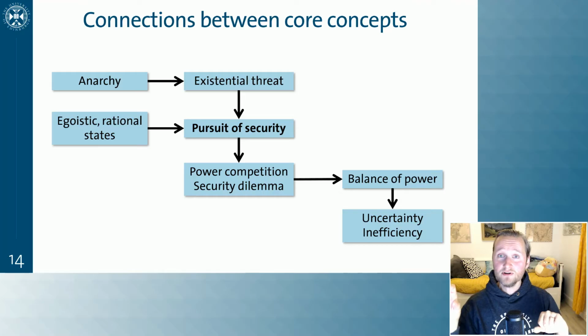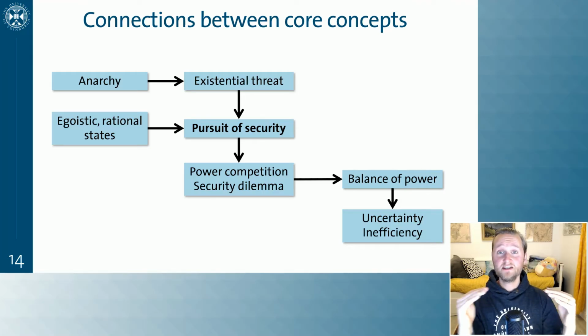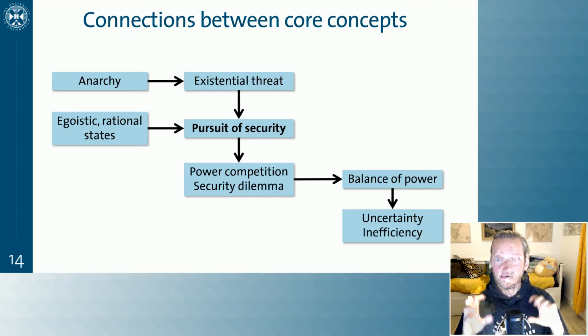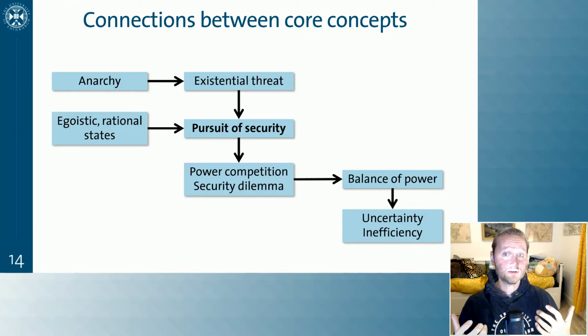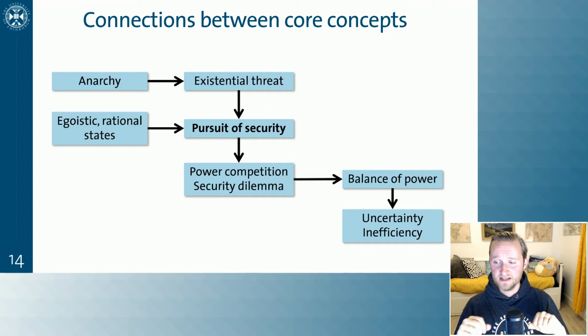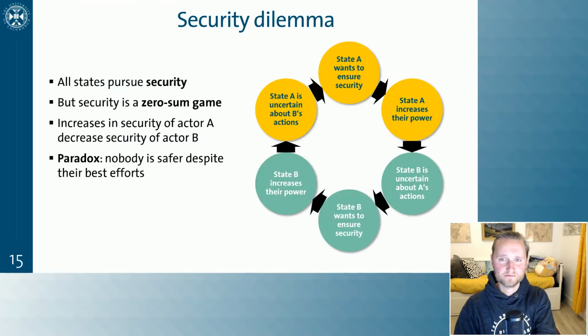The only way out of this system of constant power competition is to reach a balance of power where everyone has just about the same level of power. No one is far ahead and can threaten all the others. But this balance of power still cannot do away with this fundamental uncertainty. Just because everything's balanced doesn't mean it can't topple the next day. And this is a very inefficient system because, of course, it would be much easier if you could just trust people instead of having to build massive armies.